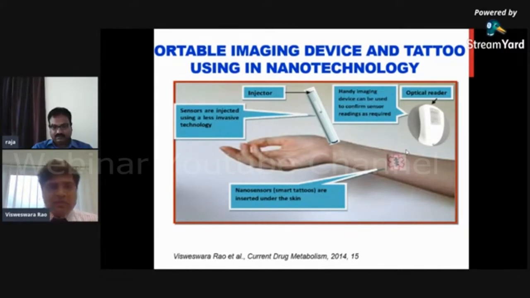This is similar to that application, where injectable sensors are injected using a less invasive technology, and nano tattoos are inserted under the skin, and the readings can be measured by an optical reader. This is how we hypothesized, and halfway we went into production as well, but it was stopped halfway due to budget limitations. Hopefully we will start it again.